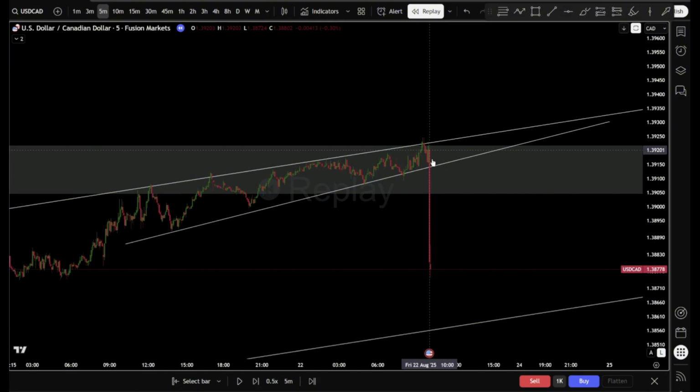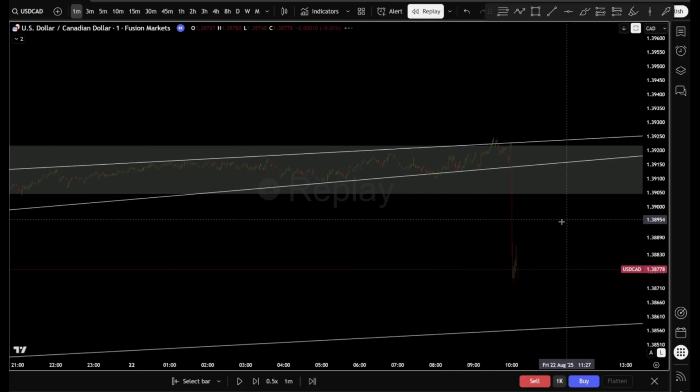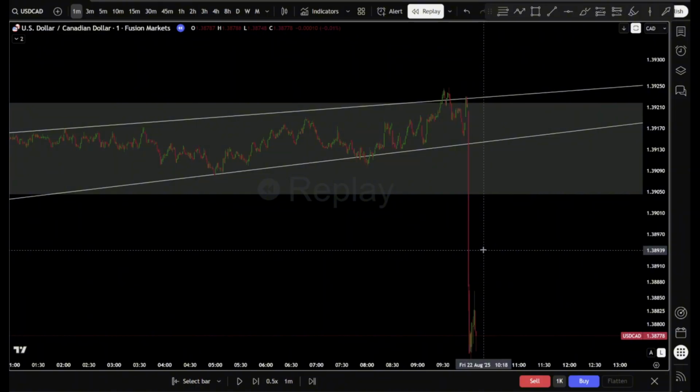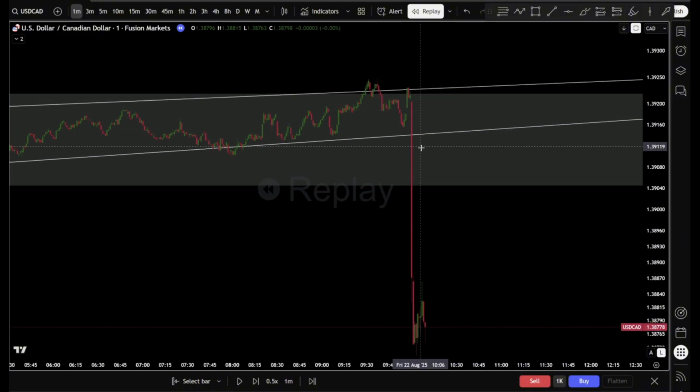Right here, you see the news, how it formed a big, huge candle breaking the trend line. Now, before this, we would have gone to the 1-minute, since during the news hours, candles are moving very big usually.